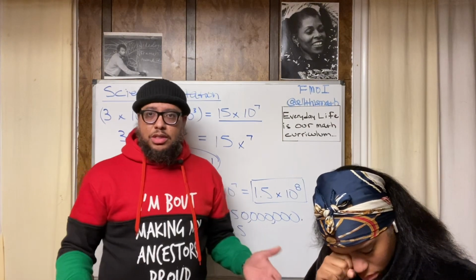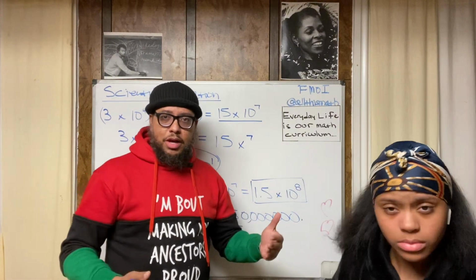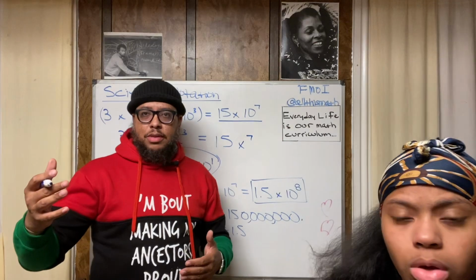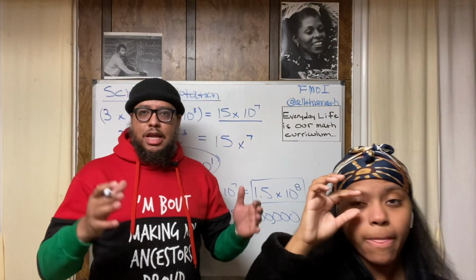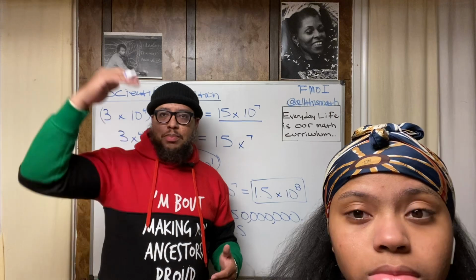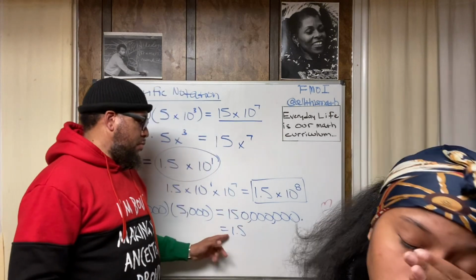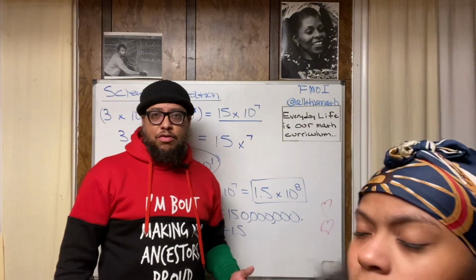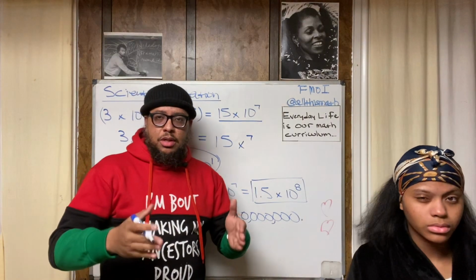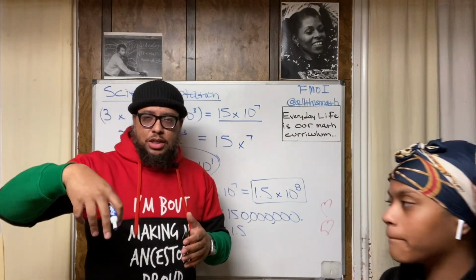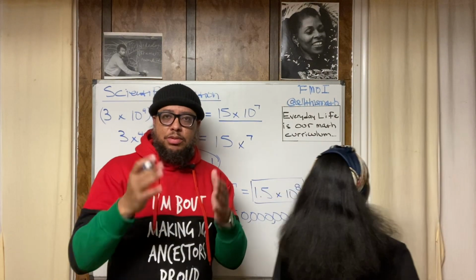1.5 is between 1 and 10. It's more than 1, it's less than 10, right? 15 is too big. If you move the decimal point and get to 15, that's not suitable because 15 is bigger than 10. If you make it 0.15, that's not suitable either because that's less than 1. Remember, the first factor in scientific notation should be between 1 and 10.